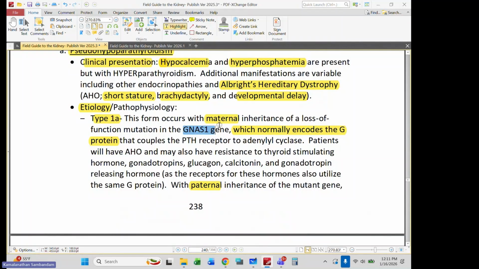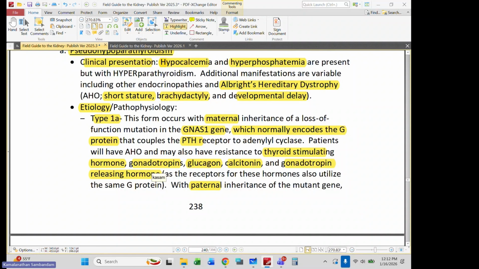I have a problem with this G protein. The gene is GNAS1, such that PTH is not able to exert its biologic effect. Patients may also have, because this G protein mechanism of signal transduction is also important for thyroid hormone to exert its effect, as well as gonadotropins, glucagon, calcitonin, and gonadotropin releasing hormone, these, let's call it, deficiencies.